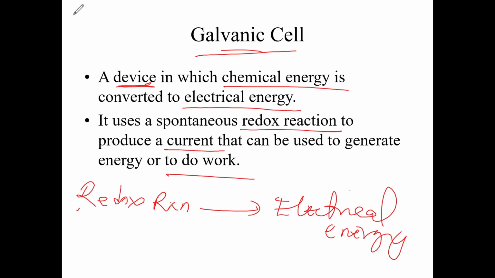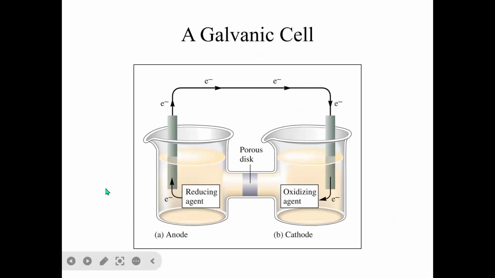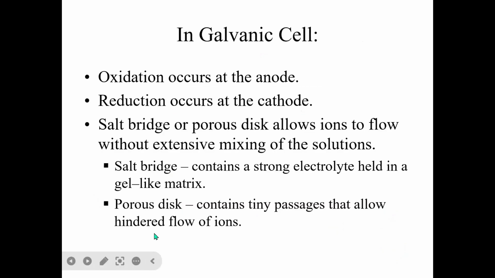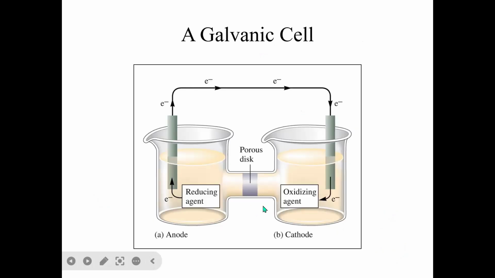The next thing that we are going to look at after the galvanic cell is the nature of the galvanic cell. A galvanic cell is made of an anode and a cathode. In the anode, there is a reducing agent, and in the cathode, there is an oxidizing agent.